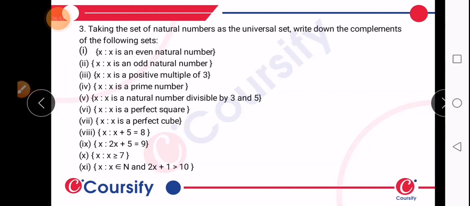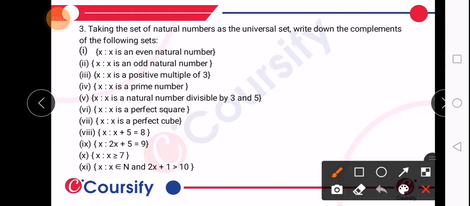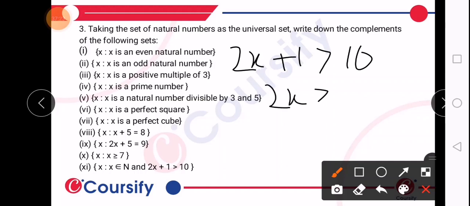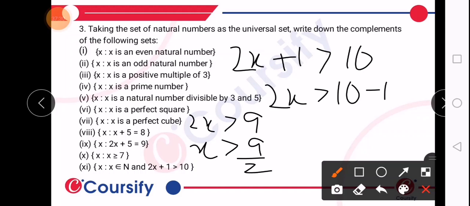In the next question, we have x to be a part of the natural numbers, and we again have another linear equation, but it's not an equation, it's an inequality. That is, we have to solve 2x plus 1 greater than 10. Now if we solve this, we get 2x greater than 10 minus 1, 2x greater than 9, x greater than 9 by 2, or in other words 4.5.